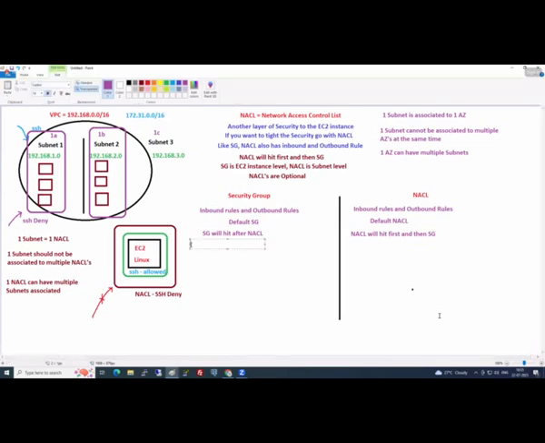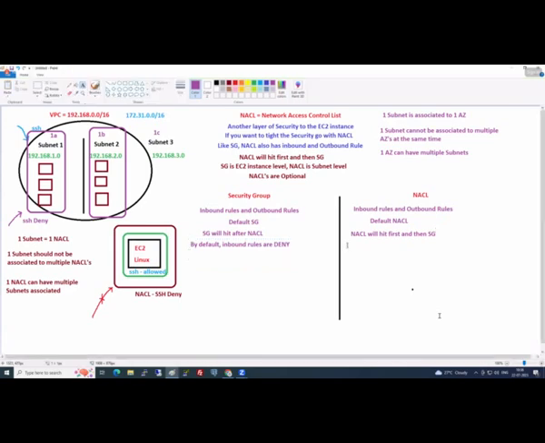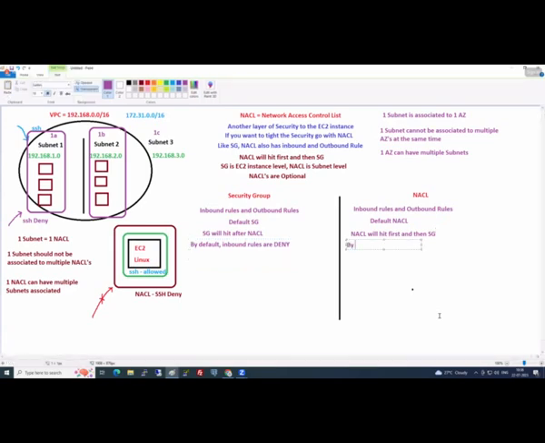By default, in a security group, inbound rules are denied and outbound rules are allowed. And here, by default, inbound and outbound rules are both allowed.